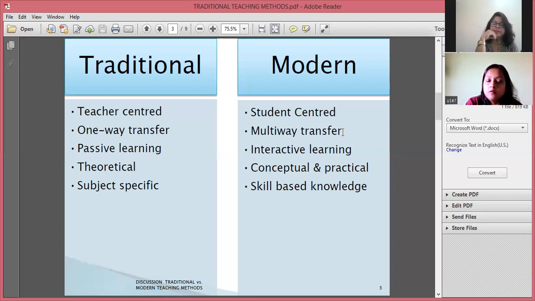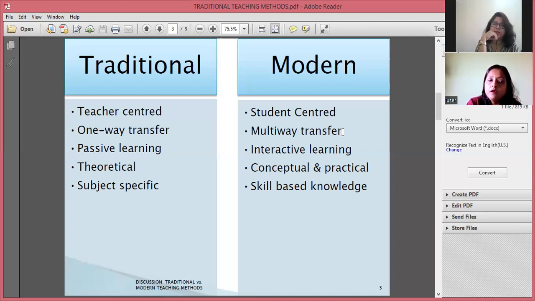But in the modern method, we saw that in the flipped classroom, the students are interactive in the classroom, and the learning outcome is so good. So it is interactive learning.